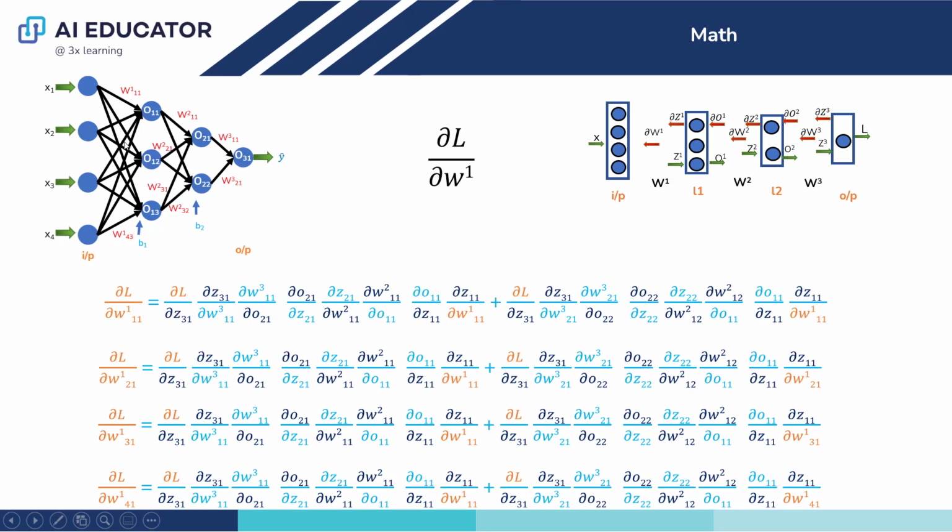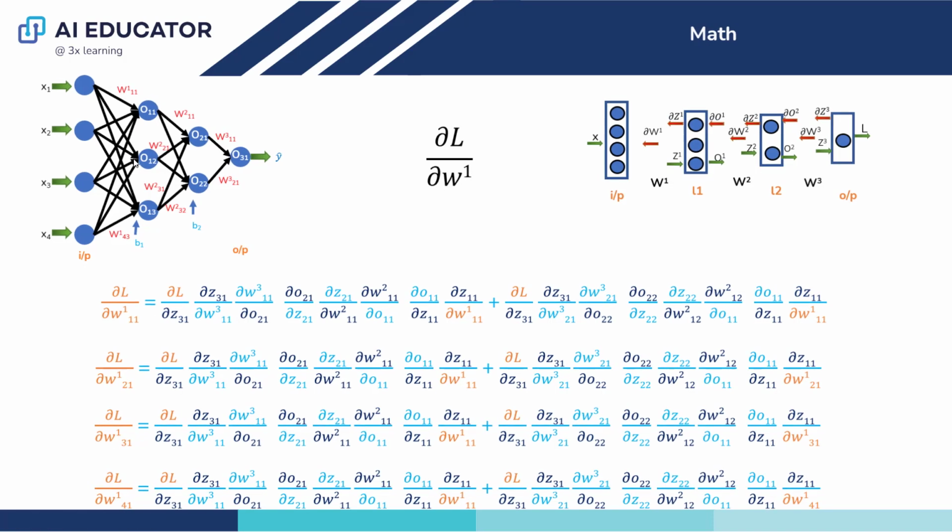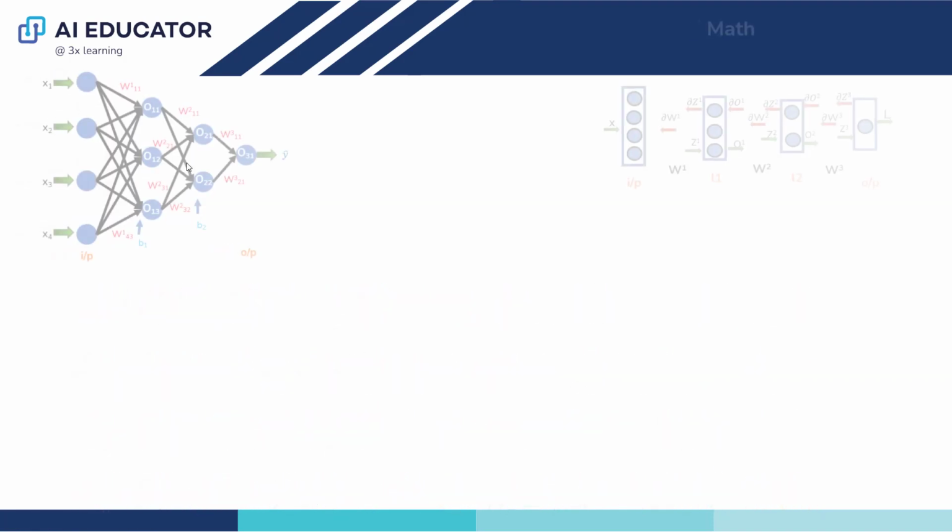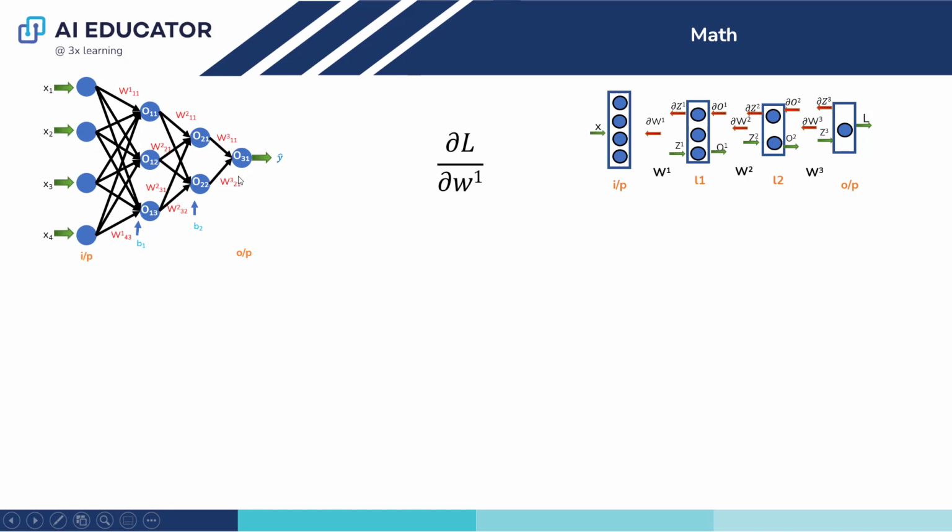Now let us calculate the weights for this node, all the connections coming to this node. There are again four weights coming to this node. They are W112, W122, W132, and W142. So in order to go to these connections, you can again go in two ways.